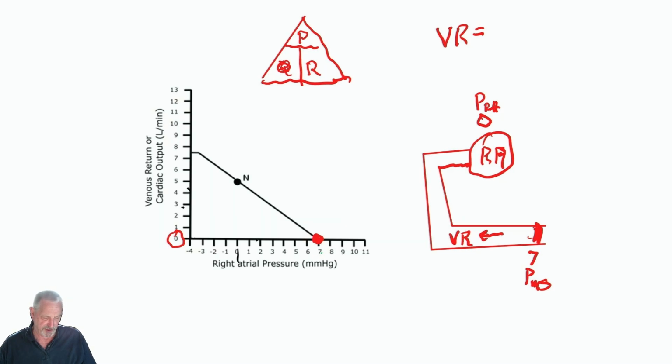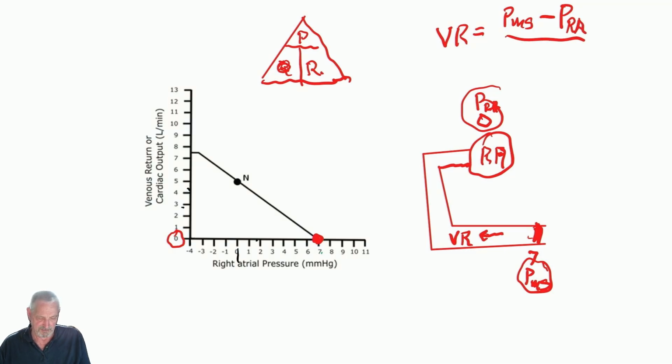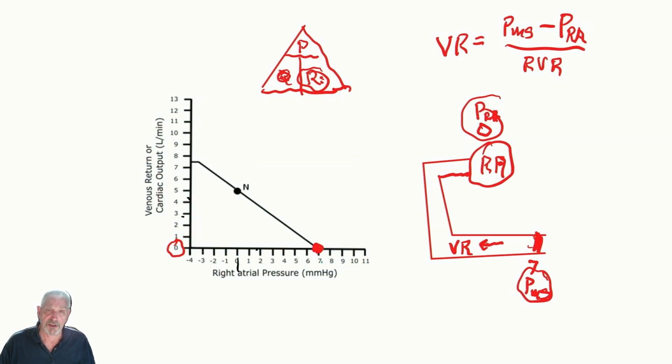The upstream pressure is mean systemic filling pressure, the downstream pressure is right atrial pressure, and the resistance is the resistance to venous return, which is basically the resistance of this segment.